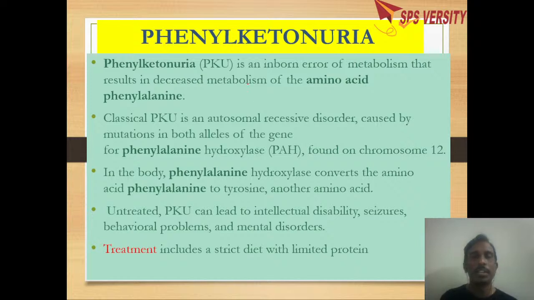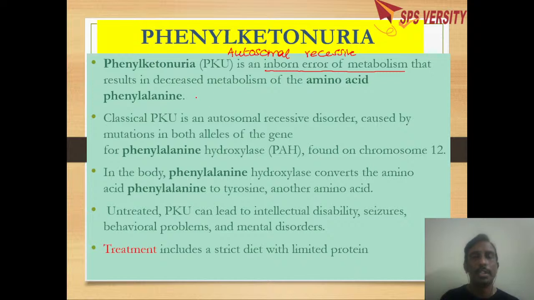So this phenylketonuria is also an autosomal recessive disorder, where the genes related to phenylketonuria are present on autosomes. So what happens in phenylketonuria? We'll see the reason for phenylketonuria. It is an inborn error of metabolism.